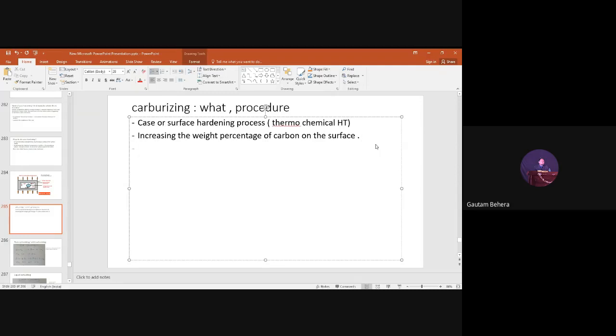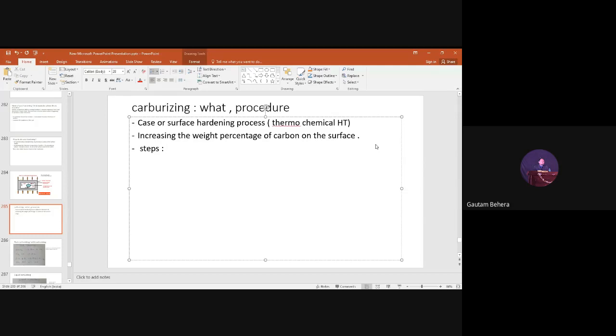Now, what is the procedure, what are the steps? The steps are simple. We will take a piece of steel, and you have to remember for carburizing, we basically choose low carbon steel. Low carbon steel means the carbon percentage is nearly 0.25 or below that.